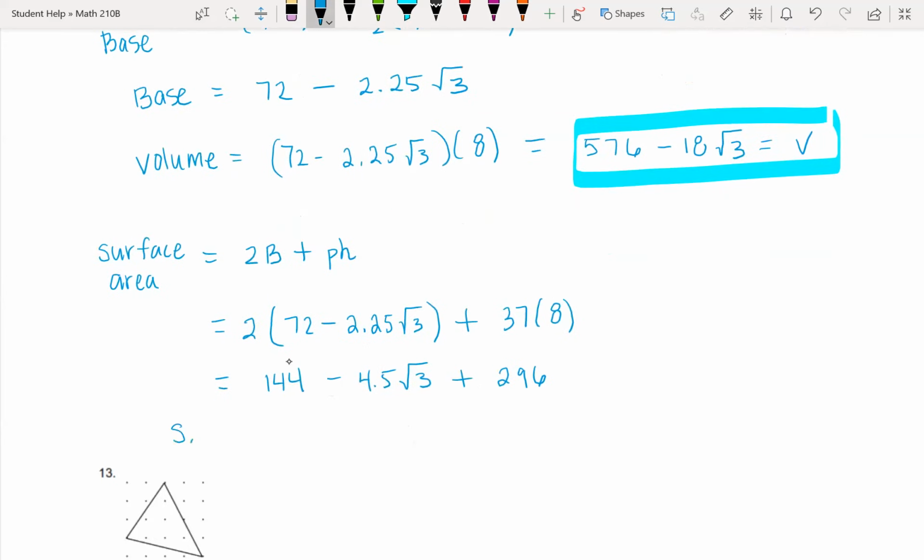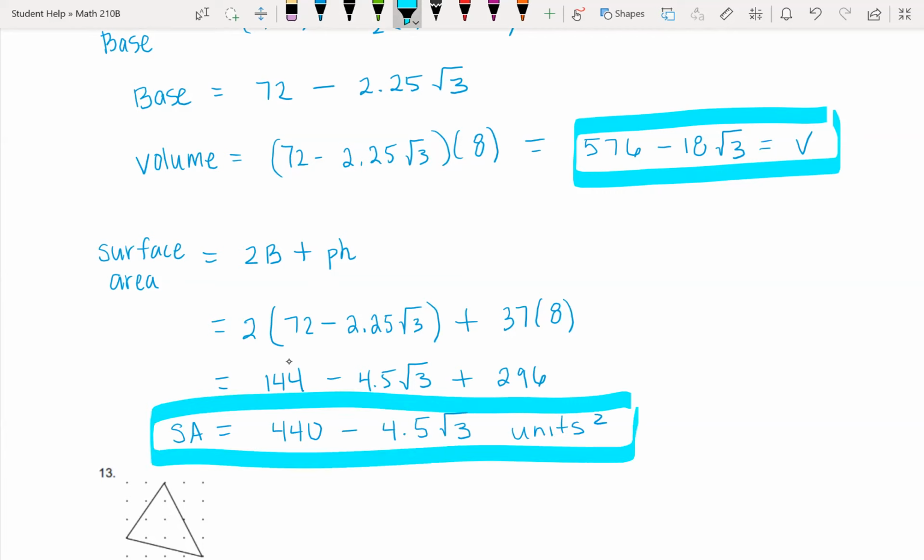So I'm getting that the surface area is equal to 440 minus 4.5 times the square root of 3. And this is units squared, right? I forgot to write the units up here. This is units cubed, right?